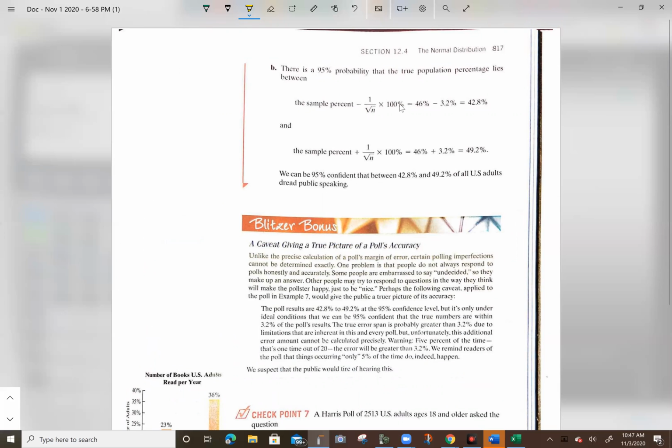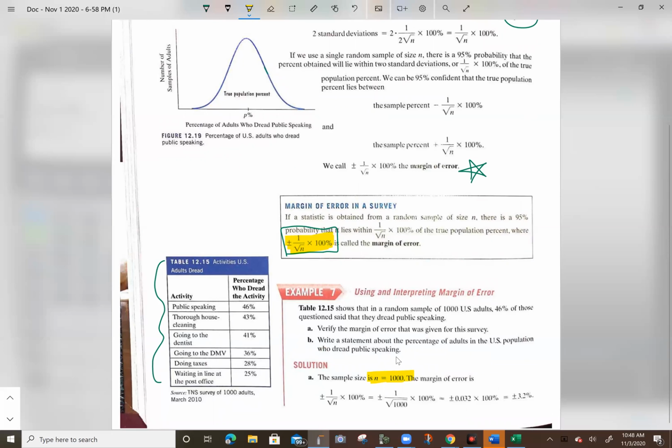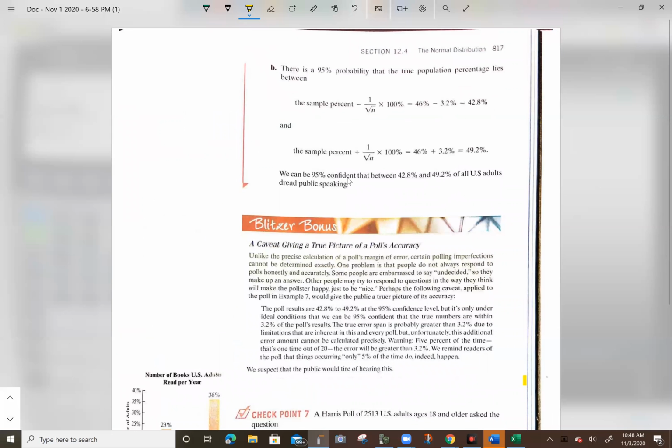They did the same for part B. The sample percent was 46%. I didn't read the question, I'm sorry. Write a statement about the percentage of adults in the US population who dread public speaking. What they said was, we can be 95% confident.